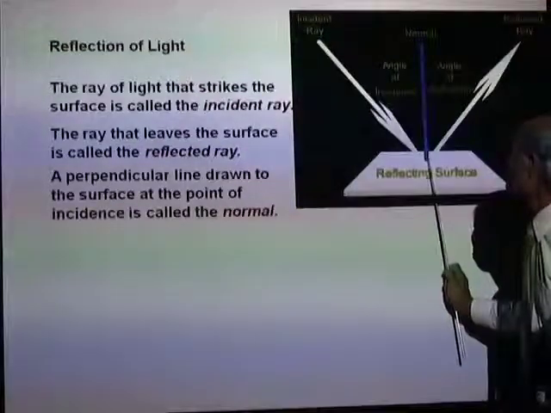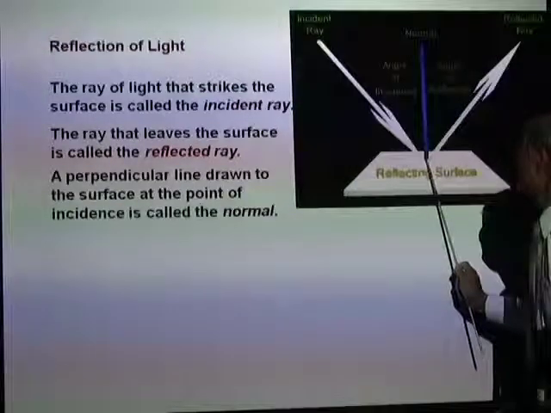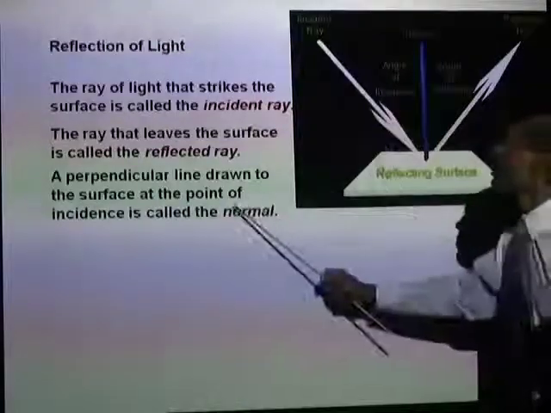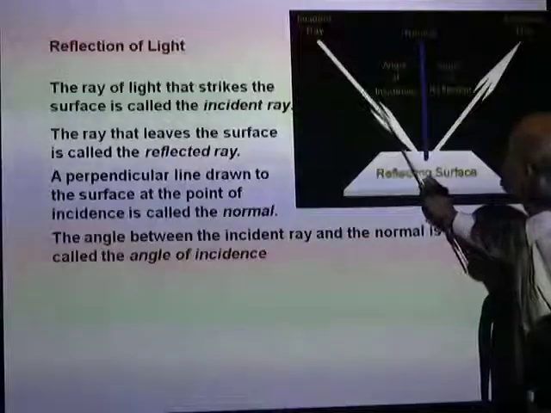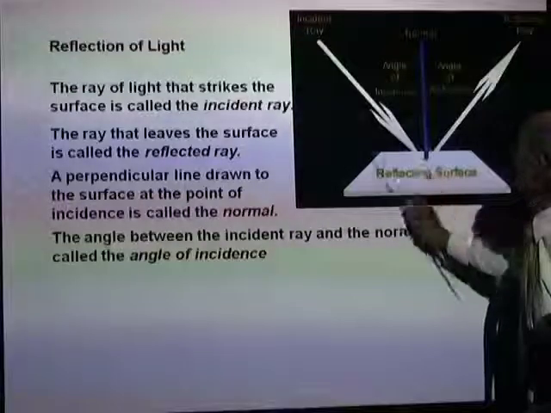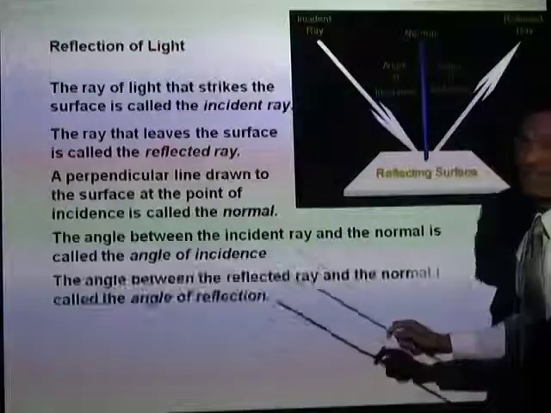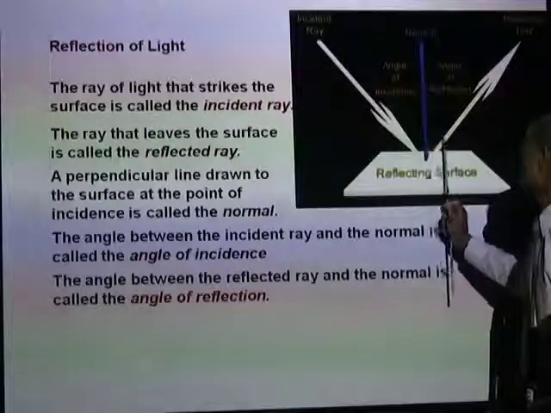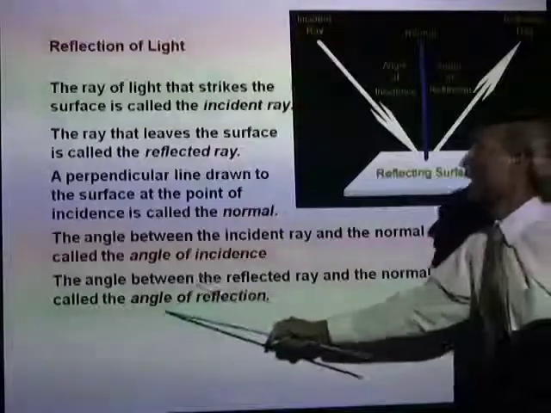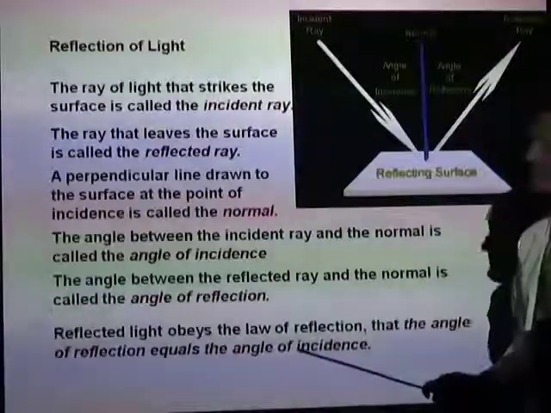If you now draw a perpendicular to the surface at the point of incidence, we call that the normal. The angle between the incident ray and the normal is the angle of incidence, and the angle between the normal and the reflected ray is the angle of reflection.